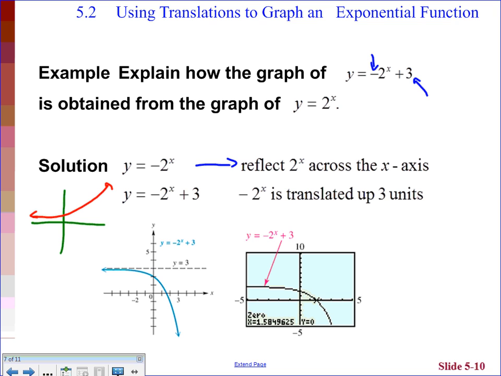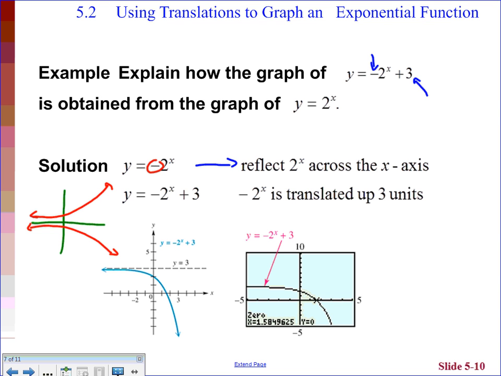Right, that's what it normally looks like. But if we do this negative sign, it flips it over. So instead of going like that, it's flipped over where everything was positive, now it's negative, and so it looks like that.